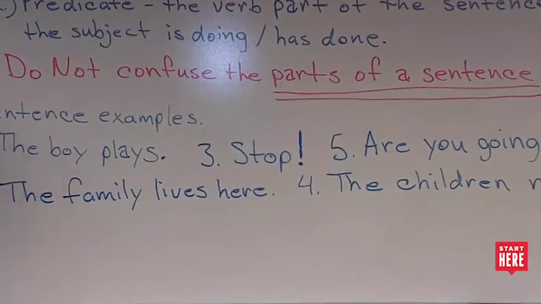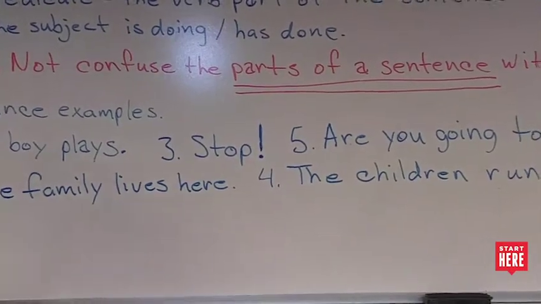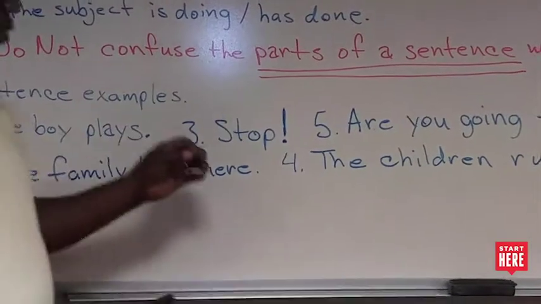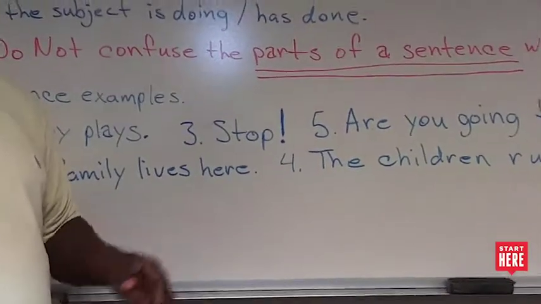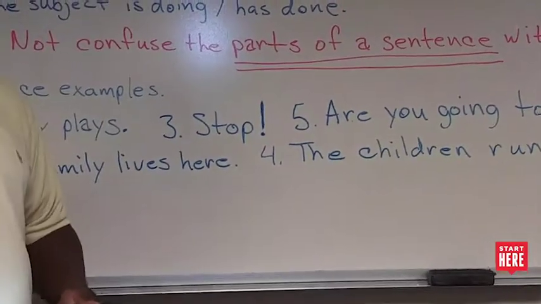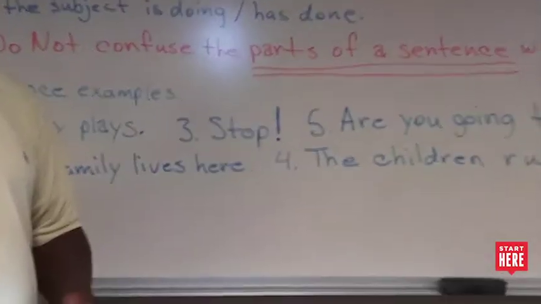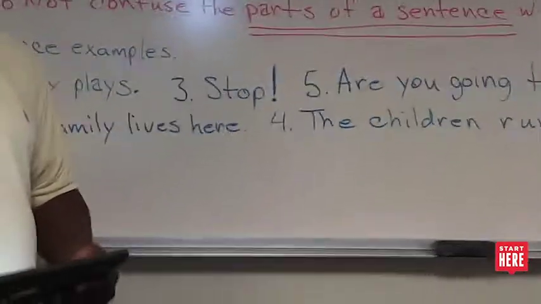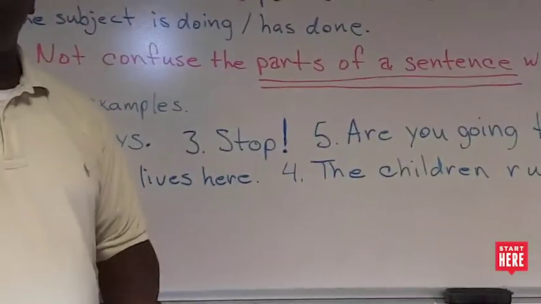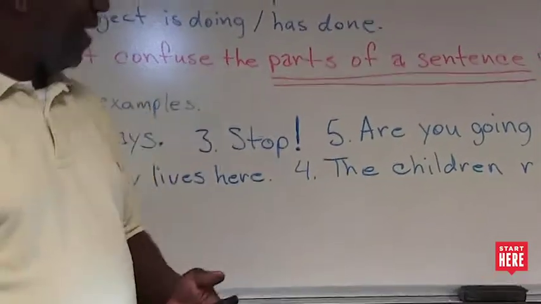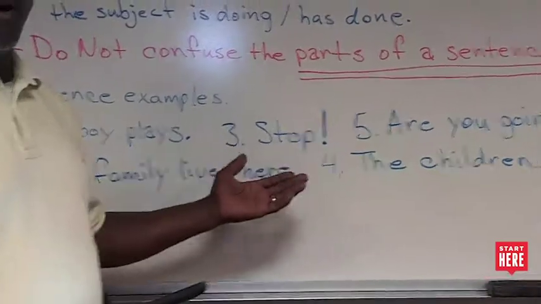Let's look at 3. Remember I said that a sentence can also be one word? Stop, with an exclamation point. That's a sentence. It expresses a complete idea. Stop. So you might ask, well, then what are the two parts? I don't see but one word, so I don't see but one part. Actually, there are two parts.